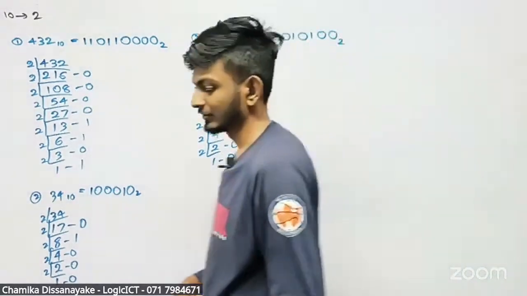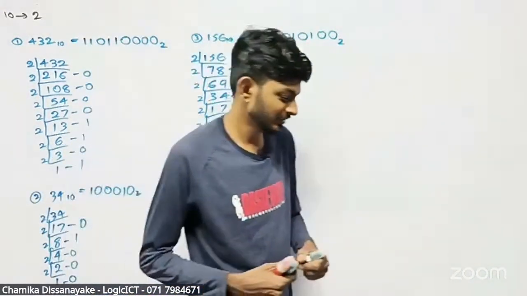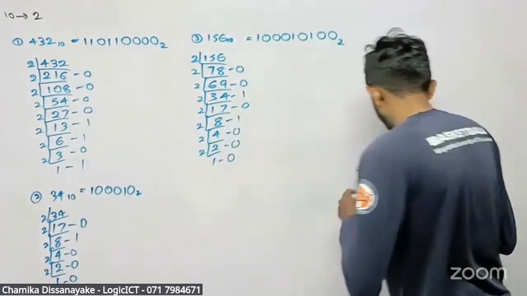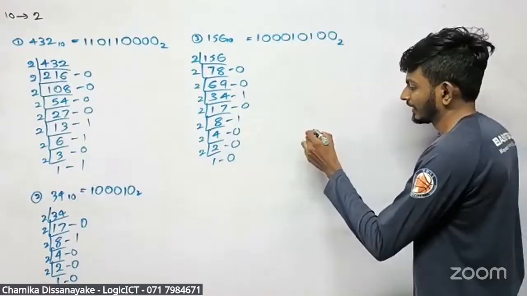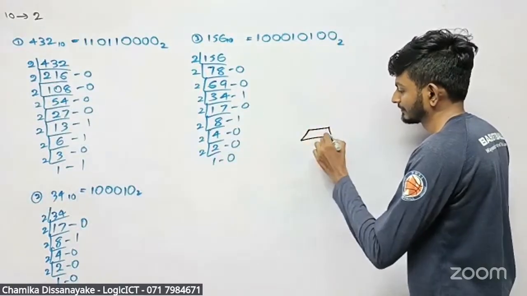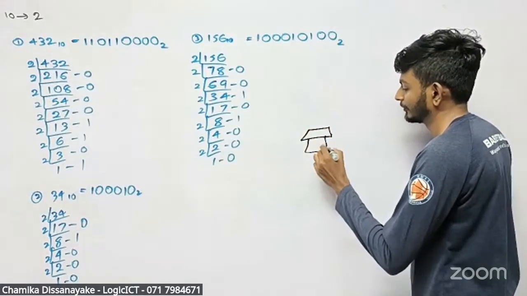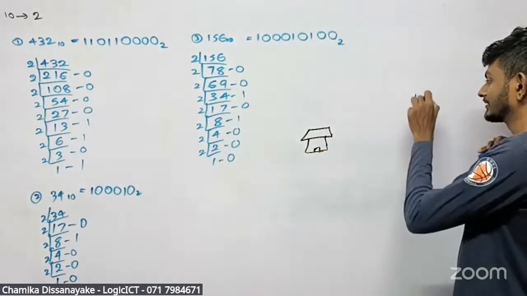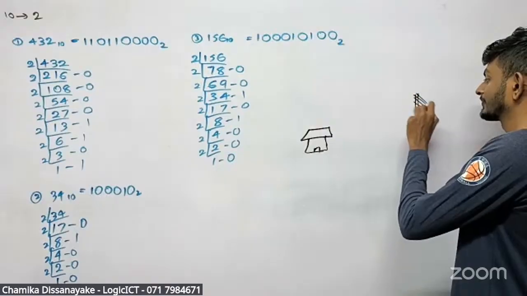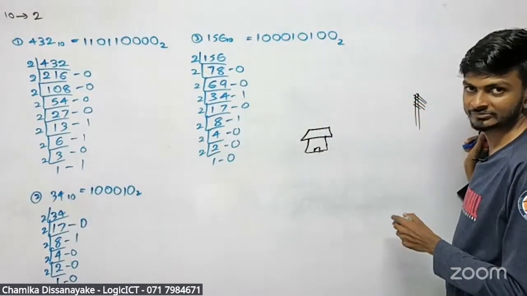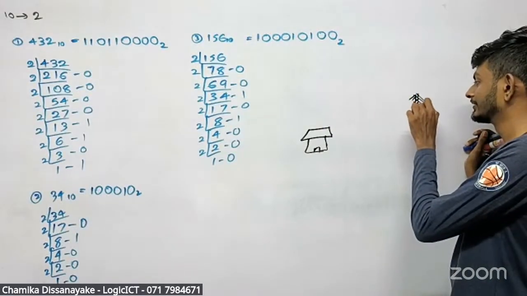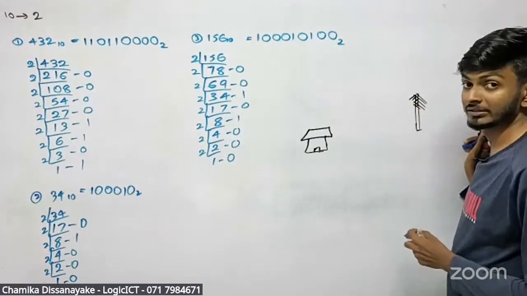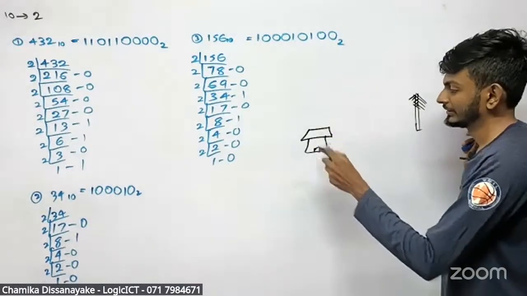So the issue, guys, actually, here we have our home. Our signal tower is in another village. Let's say this is the signal tower for the Mobitel. This tower is in another village, but here is our home in our village.